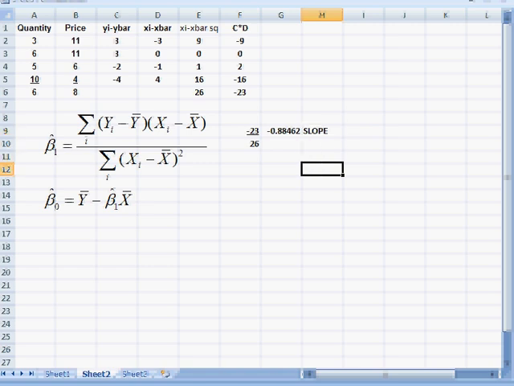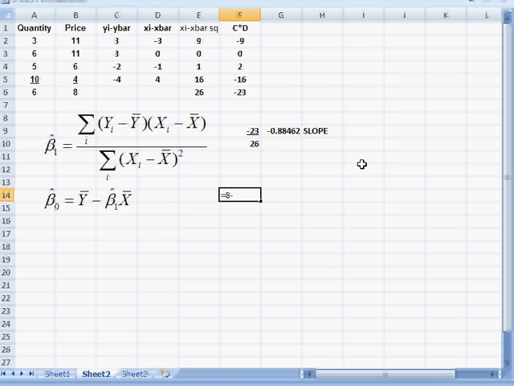Now, you have to calculate the slope first before you can find the y-intercept. Look at this second equation. Our estimate b hat 0, the y-intercept, is you have to know the average of the y's minus the slope times the average of the x's. And so in order to calculate that, I can put in a formula here into Excel. Equals the average of the y's, 8, minus what?